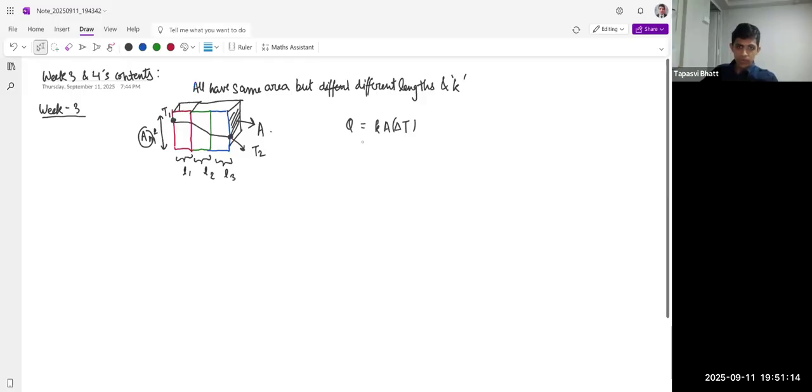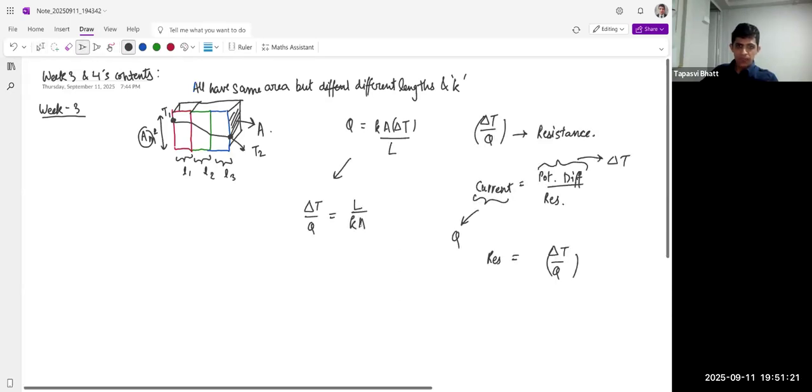Very simple, delta T over Q is L over K A. So this is the resistance, R conduction.